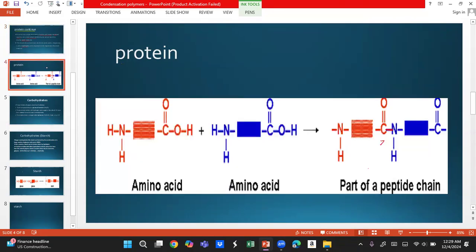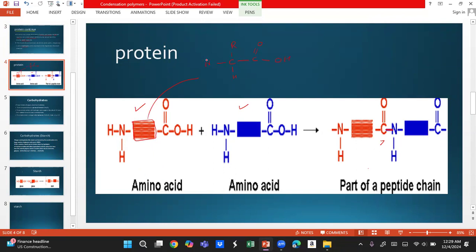Now let's see how this protein molecule is formed. First of all, you must keep in mind these are the amino acids. These two amino acids are not shown completely because this is a box. This box contains carbon, and with this carbon at the top, we have the R group, different for every amino acid.